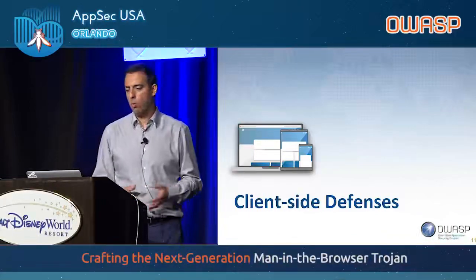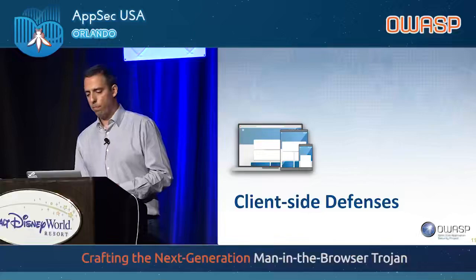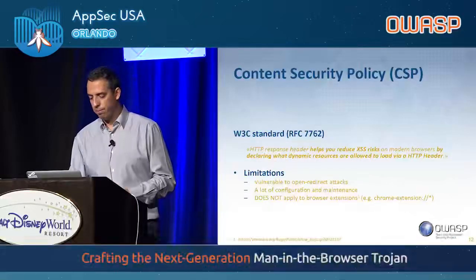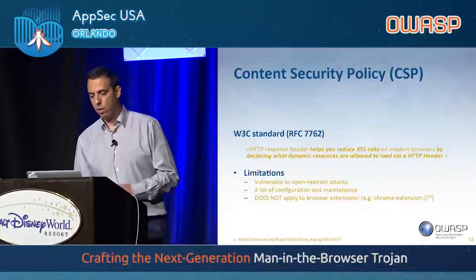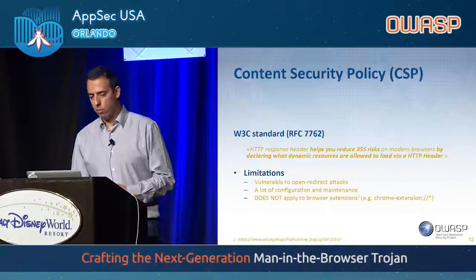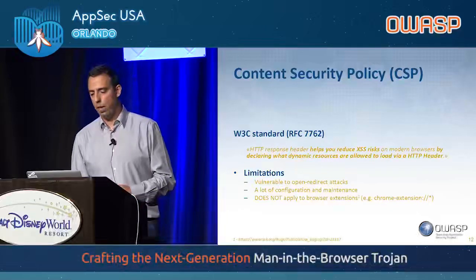So let's look at what kind of standards we have to defend the client side. The first one is content security policy. It allows you to restrict what scripts are executed in the page.